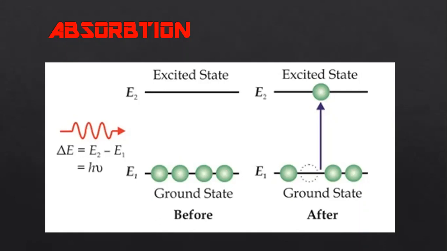The electrons in the higher energy state are called excited electrons. The light or photon's energy applied to excite electron can be mathematically written as h nu equals E2 minus E1, where h is the Planck's constant, nu is the frequency of photon, E2 the higher energy level, E1 the lower energy level.